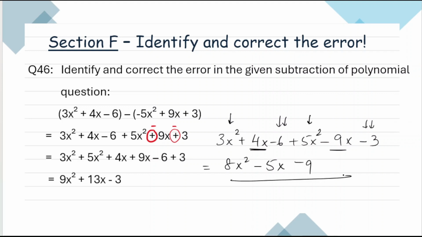And that is our answer, not this one. So mistakes in signs can absolutely give you a wrong answer, and students usually think, oh, I have done all my steps correctly. So that's the correct answer.